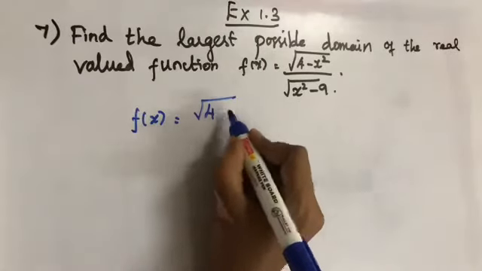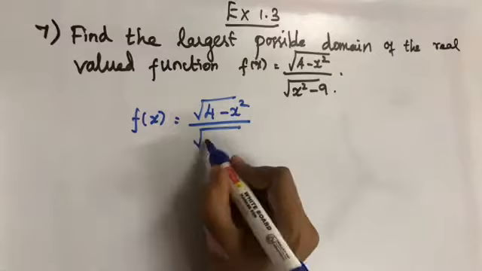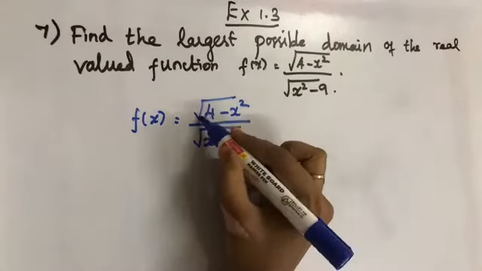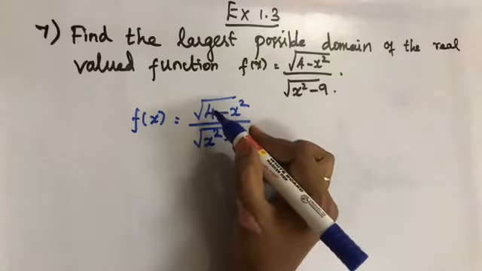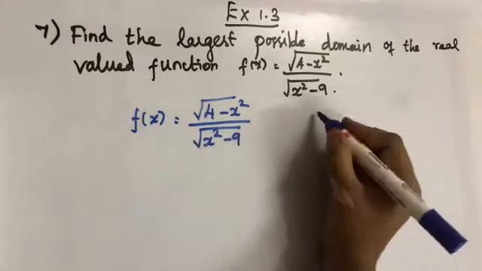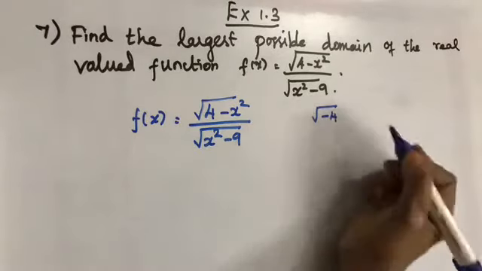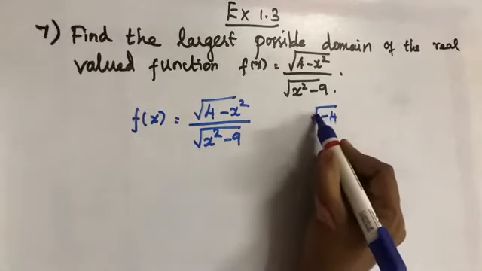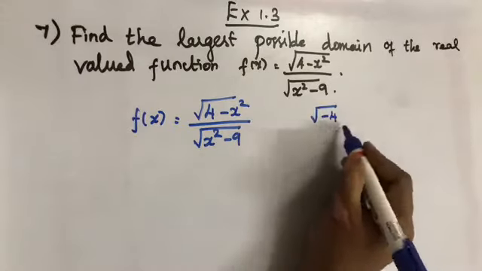As well as it is a square root, the thing that is inside the square root should not be negative. Inside the square root, if a negative number comes, we couldn't find the value of that square root.